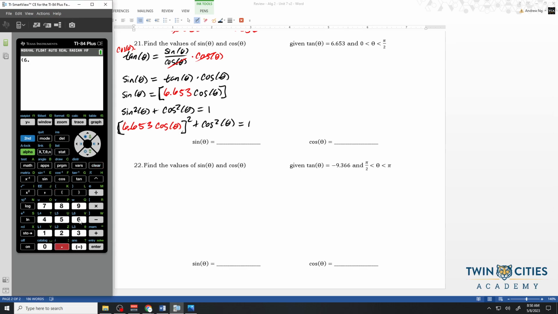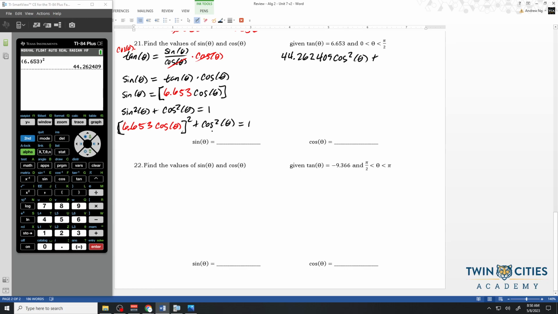So 6.653, let's square that. This is 44.262409. So I've got 44.262409, and then cosine squared will be cosine squared of theta.